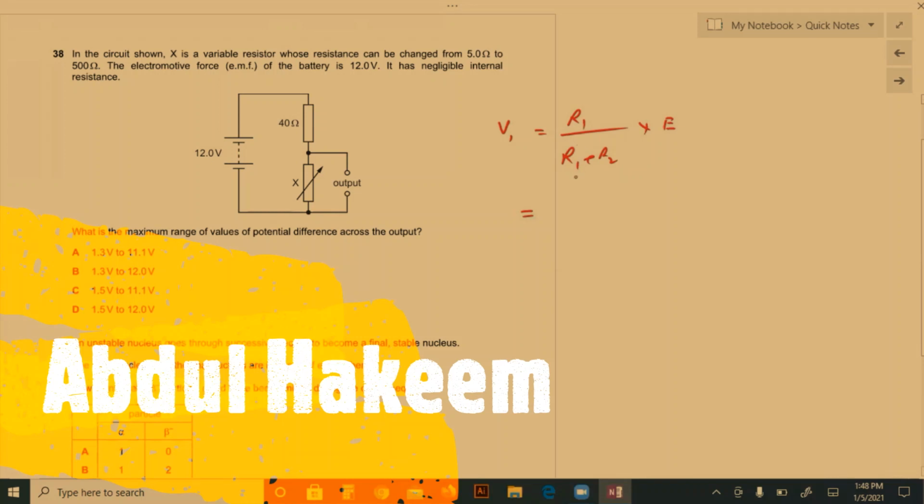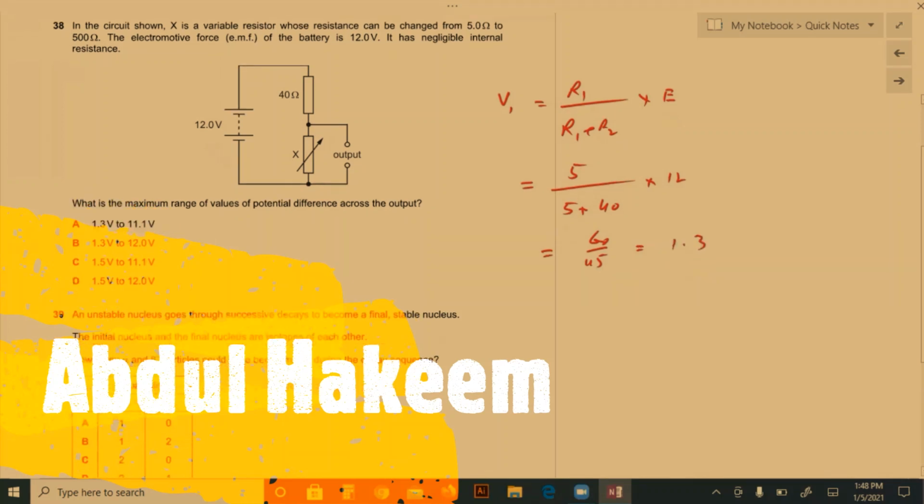So first suppose the X resistance is 5, divided by 5 plus 40, times 12. So 60 divided by 45, and then it is approximately 1.3.